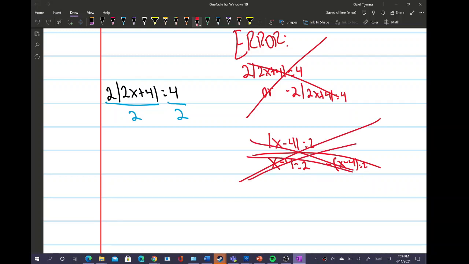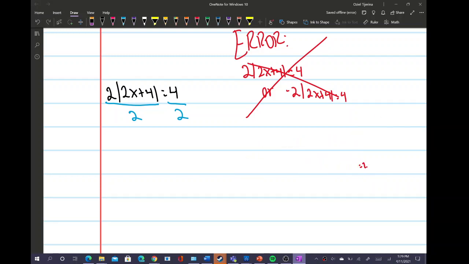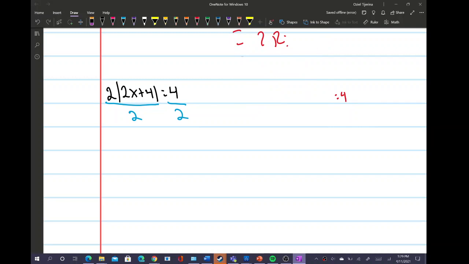No, please don't do this, okay? This is wrong. You never mess with the absolute value bars. These lines are here for a reason. Think of it as they're kind of stuck to the function. You don't mess with the inside. Do not mess with whatever's inside the absolute value.